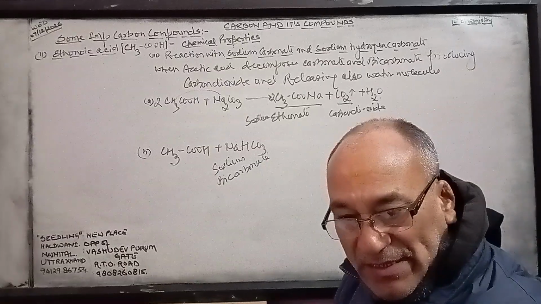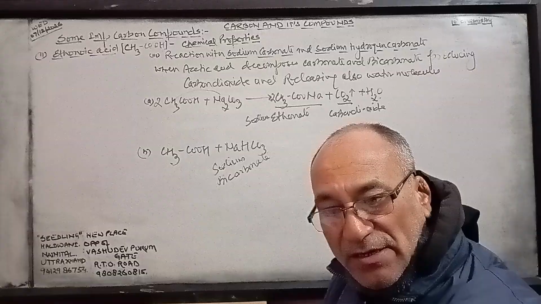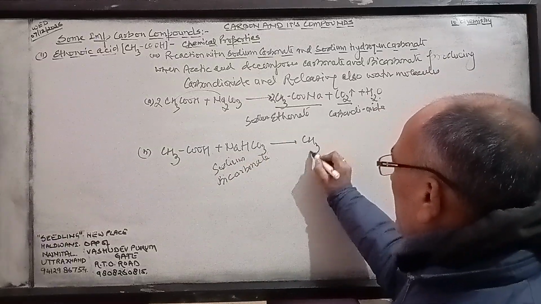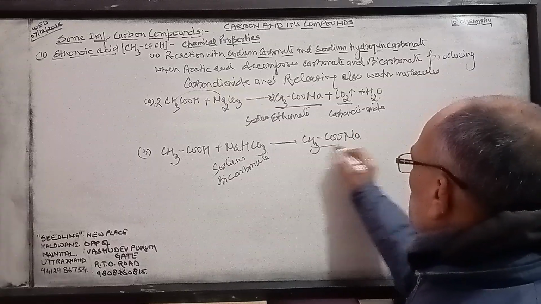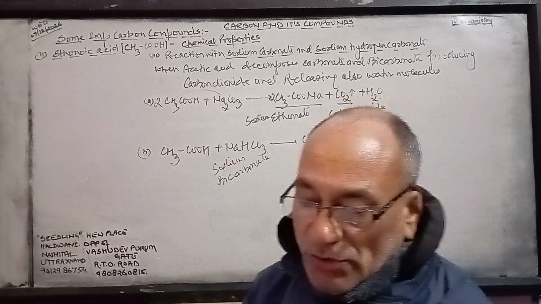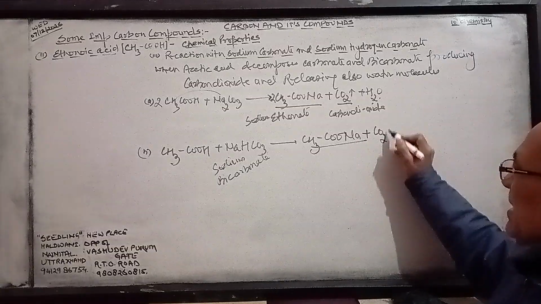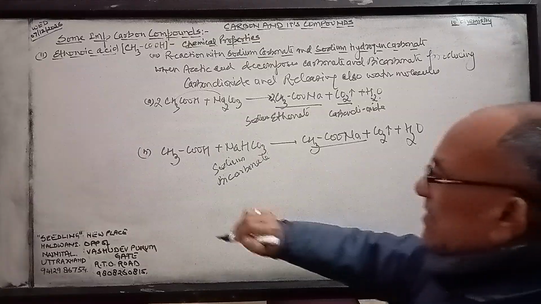Both are the same. Sometimes children are quite confused about bicarbonate or hydrogen carbonate. So now in this case again, there is formation of sodium ethanoate or sodium acetate, and carbon dioxide is released with the molecule of water.